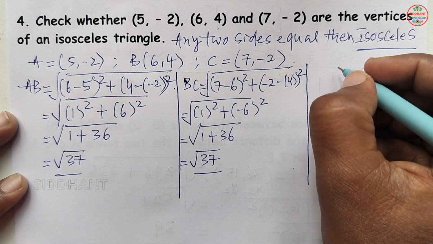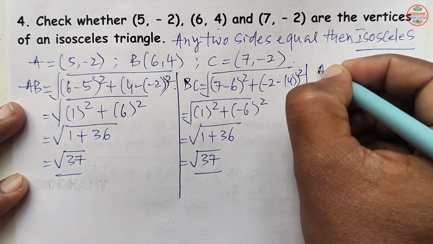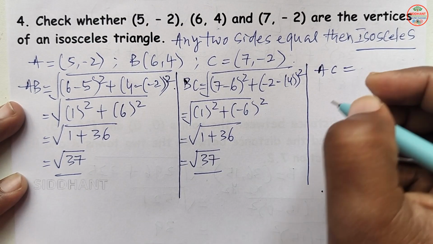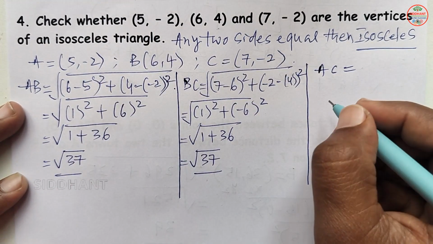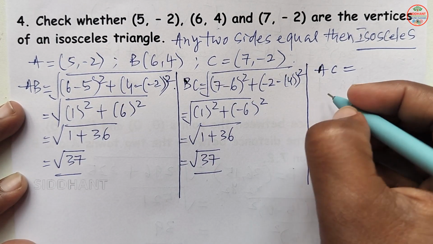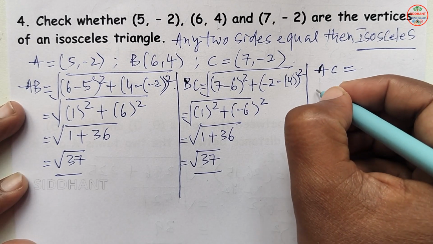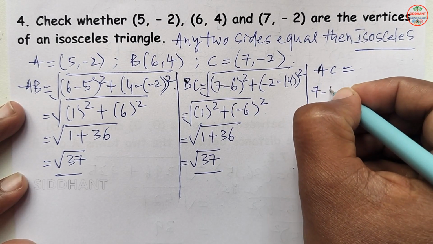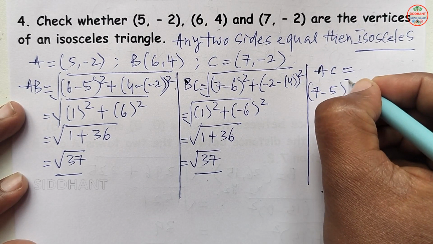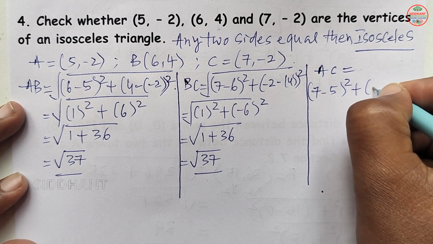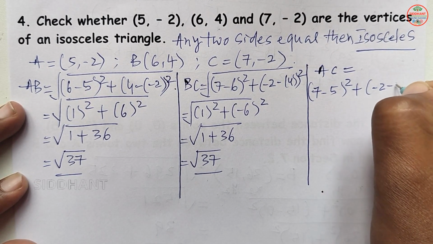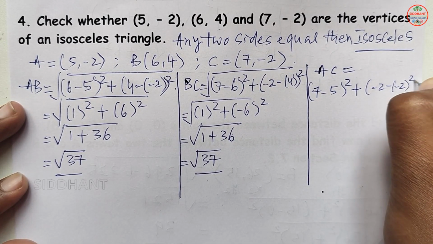So now we will see the AC distance here. AC equal to, so A and C. So x2 minus x1, that will be 7 minus 5, whole square, plus y2 minus y1, minus 2 minus of minus 2, whole square here.